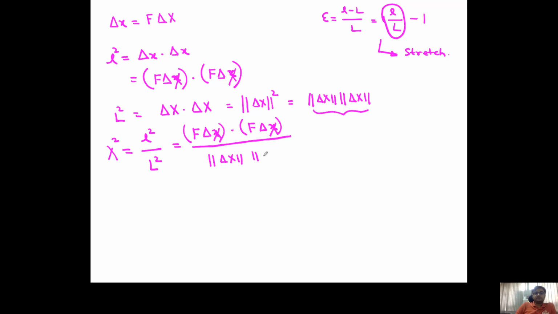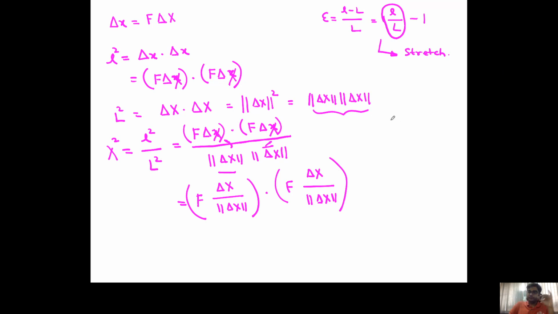Delta X dot delta X. Okay. And now finally, I'm going to take one delta X and couple it with the other delta X here. So what do we have here? F times delta X by magnitude of delta X, and then you dot it with F delta X by magnitude of delta X.